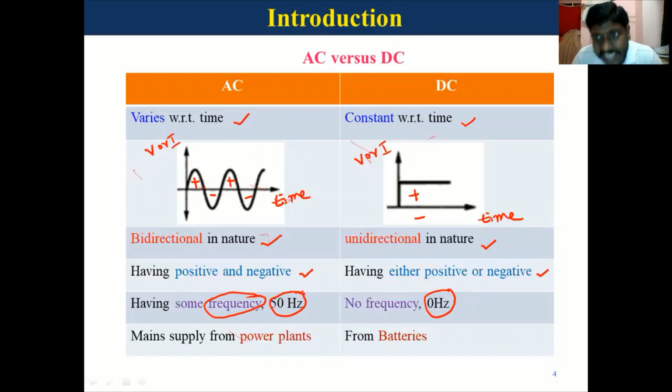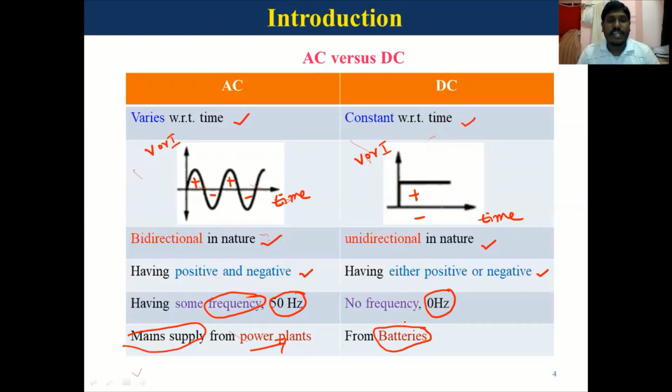If it is a perfect DC, ideally the frequency is 0. So it is 0 Hz. Okay. So in general, we are getting AC from our supply mains, means from power plants. Whereas on the other side, the DC we are getting in general from the batteries. So these are some of the basic differences between AC and DC.